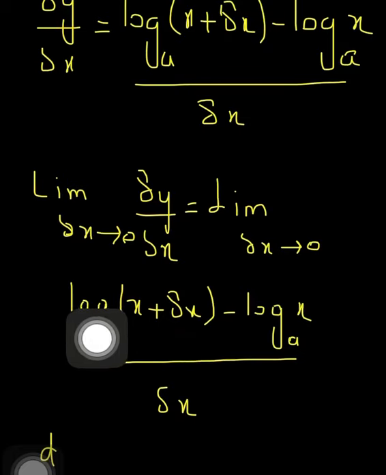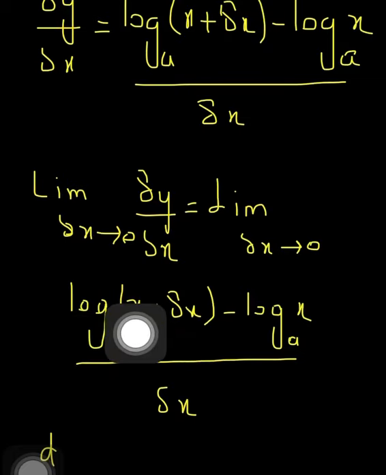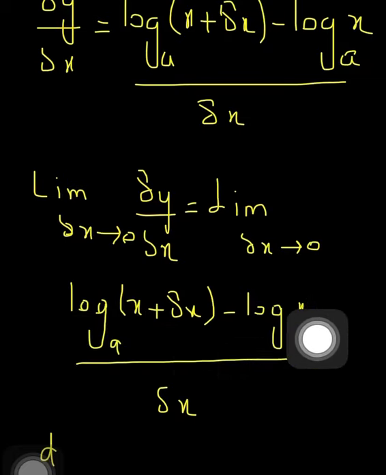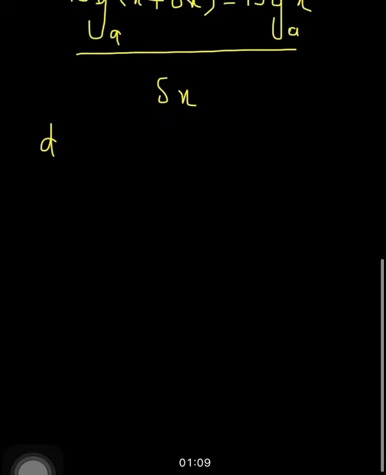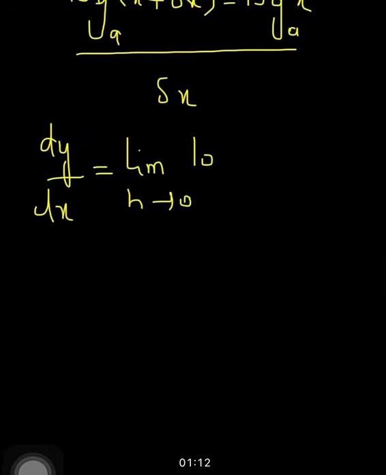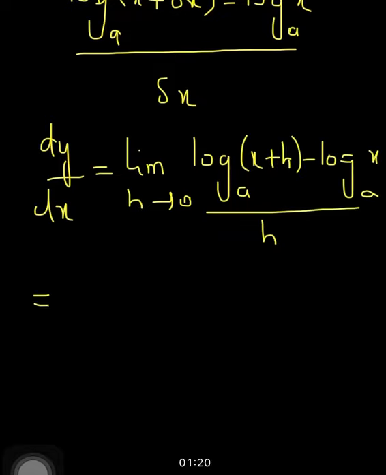So the equation becomes log base a of x plus h minus log base a of x divided by h, and here limit h approaches 0. So as you can see, dy over dx is limit h approaches 0, log base a of x plus h minus log base a of x divided by h.